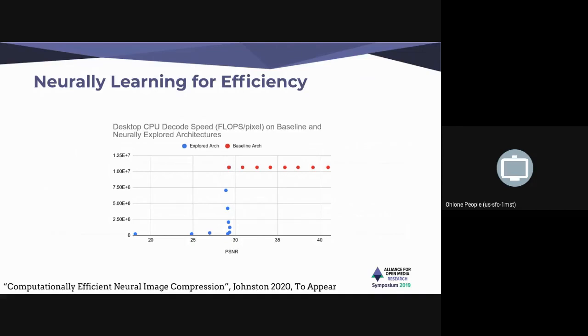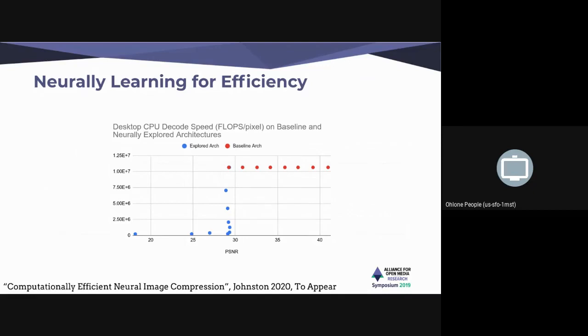So on the x-axis, we have PSNR, and on y-axis, we have computational flops. So how many flops does it take to achieve that PSNR? So for example, at around 30, you can see we can have basically factors of 1,000 difference in compute to achieve more or less the same point in PSNR.